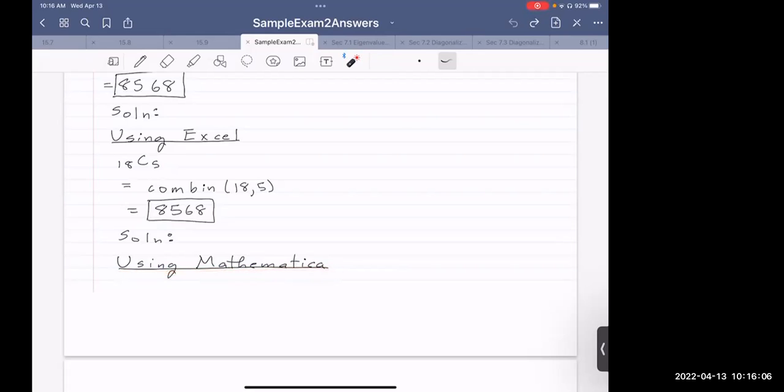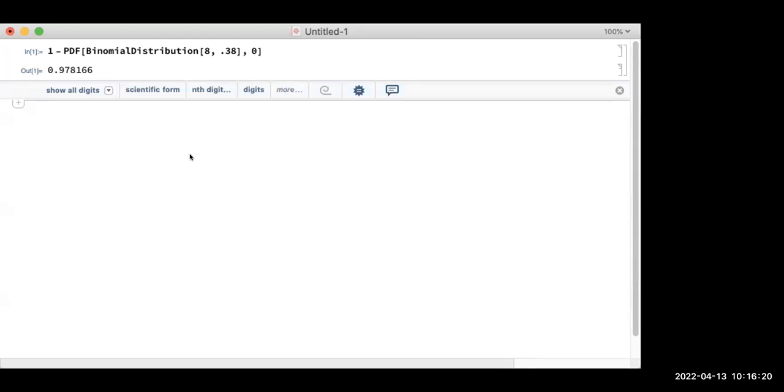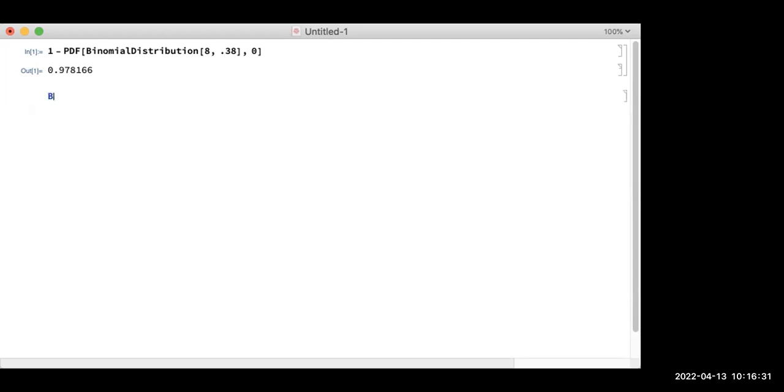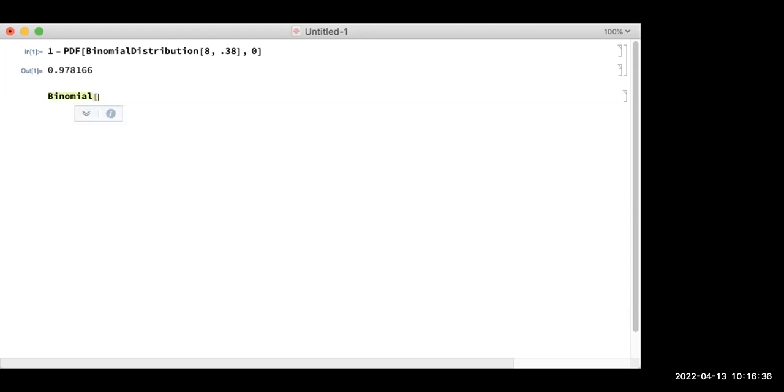I could also use Mathematica to do this. And so let me do 18C5. In this case, I'm going to be using the binomial coefficient in Mathematica. So I'm going to be doing Binomial[18, 5]. Okay, so let me do that. Type in that command. And so I have here the binomial 18, comma 5.